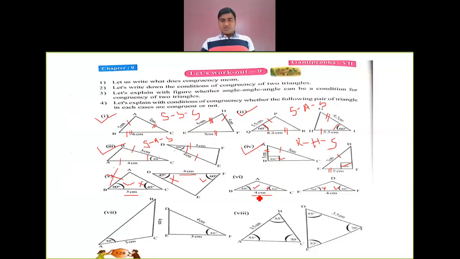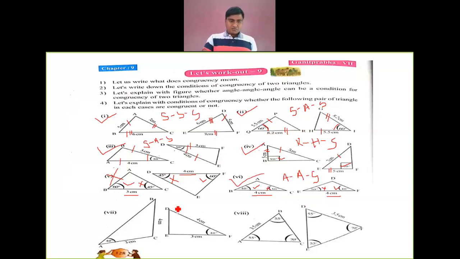Length of this side is 4 centimeter. And in this triangle, EF is the included side. So the length of EF equals 4 centimeter. So two corresponding angles are equal and one side is equal. So therefore, two triangles are congruent to each other.